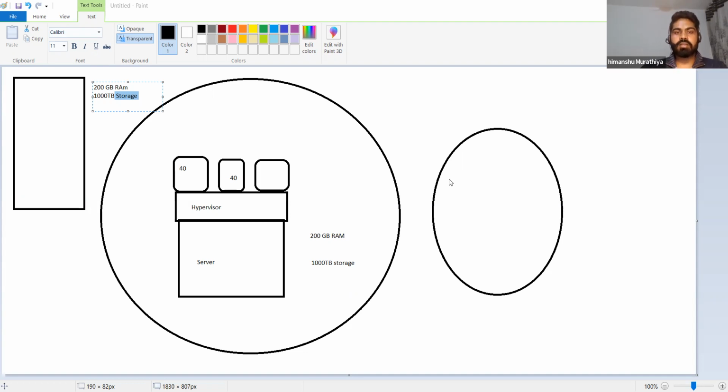Let's take an example of an e-commerce website. There is a front end and a back end. The front end is your website which end users are accessing. We can put that front end on the public cloud, meaning we don't need any private cloud for the user interface, because that is available publicly.